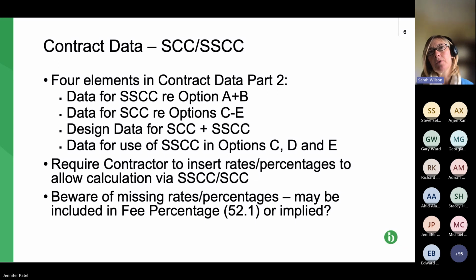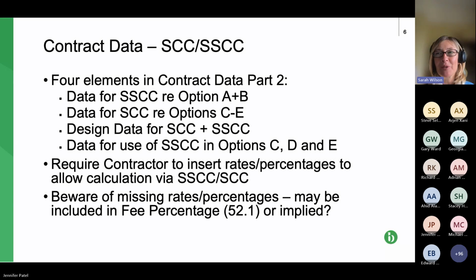So in NEC, we have contract data part 1, which is the part that is filled in by the paying party, so the employer, or in a subcontract, the subcontractor. And we have contract data part 2, which is completed by the contractor in a contract, or a subcontractor in a subcontract.